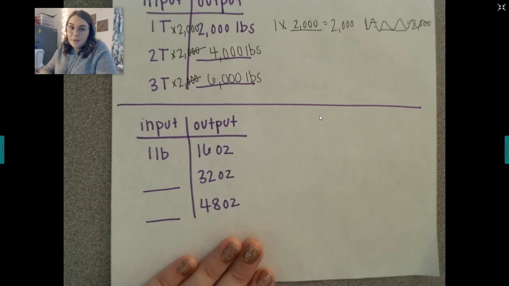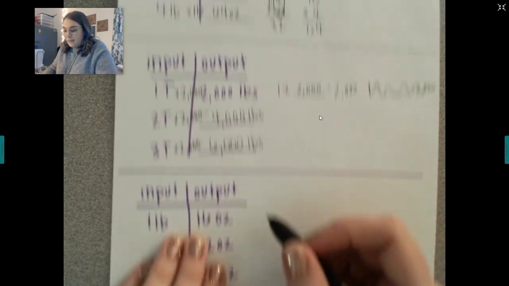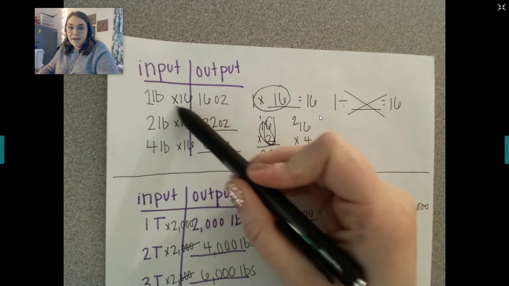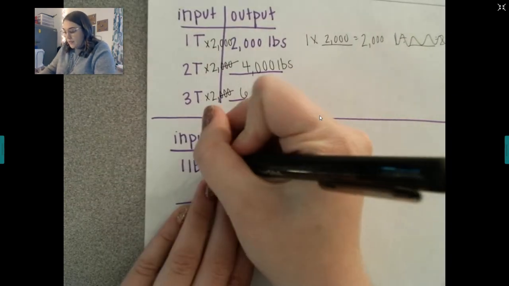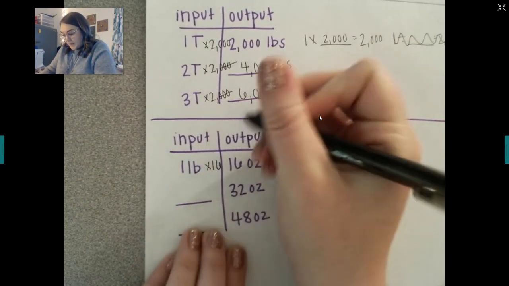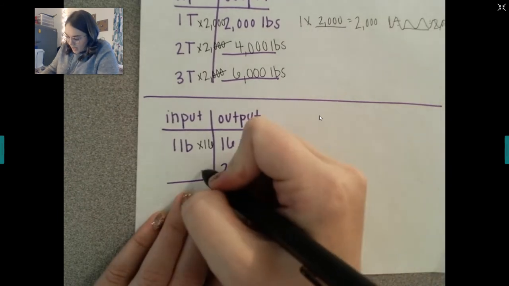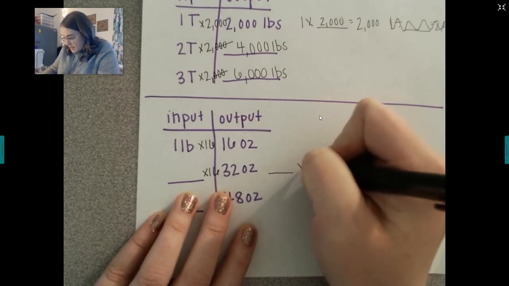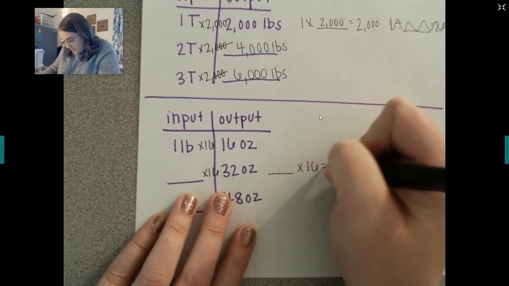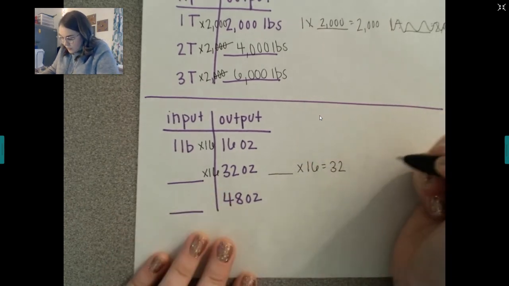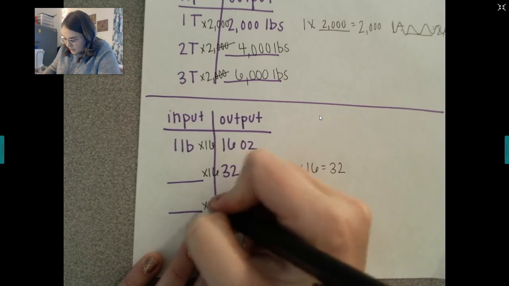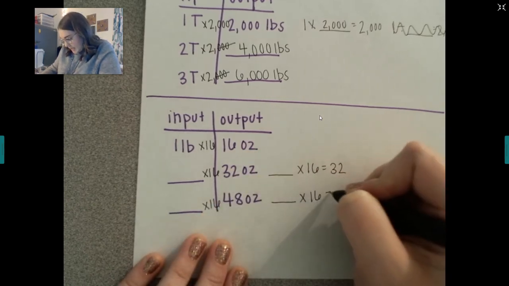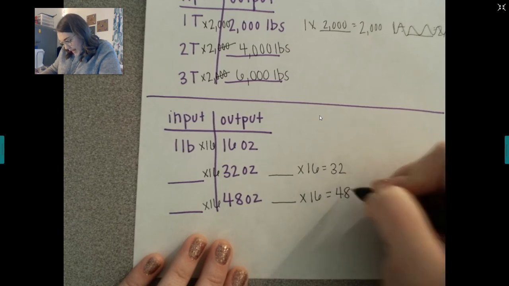So here's what I'm thinking I'm going to do. I know up here that I did 1 pound, 16 ounces, so I can multiply by 16. I know that from up there. So now I know it says blank, but you're going to think what times 16 equals 32. Then this one, what times 16 equals 48?